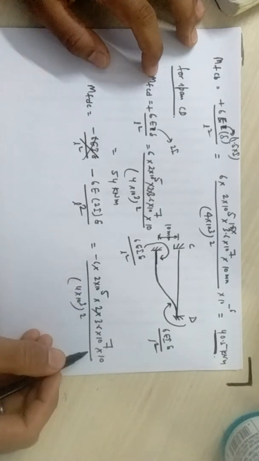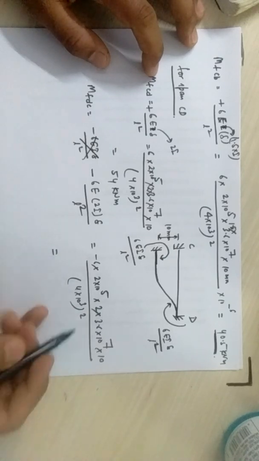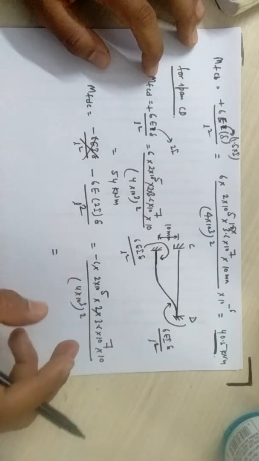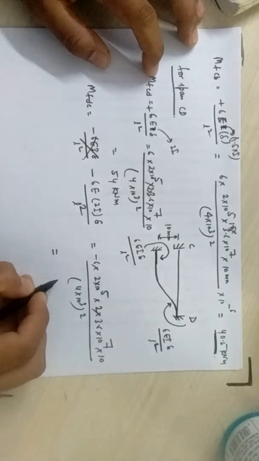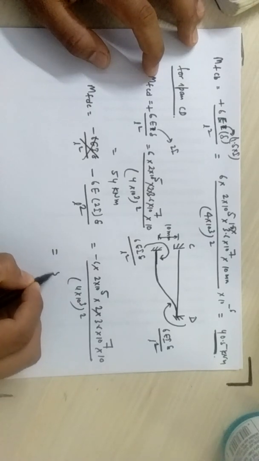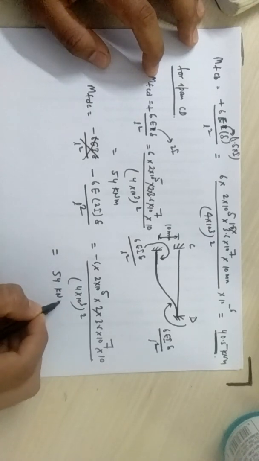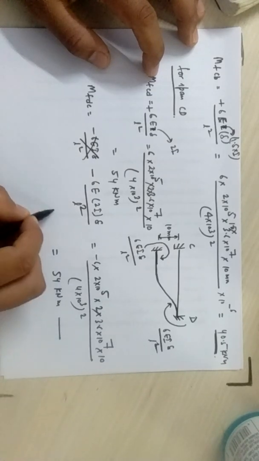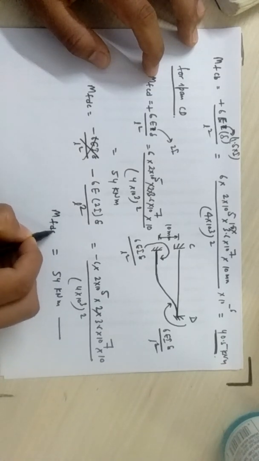This will come in Newton per millimeter square. Then it will be Newton millimeter. Then I will multiply it with 10 to the power minus 6, and the answer will come in 54 kilonewton meter. Okay, this is our MFDC.